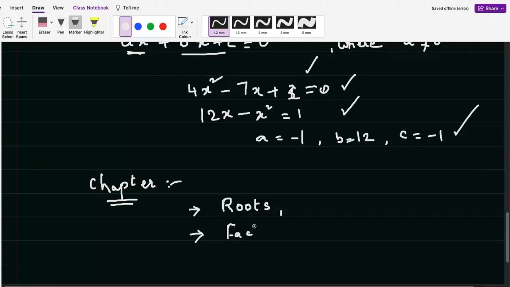Factorization is one important method, and second is the formula. You will get to know what the formula is in our later videos. So we will solve these quadratic equations using the formula and by the factorization method. You know how to do factorization, and we will do some problems so that you will remember it.